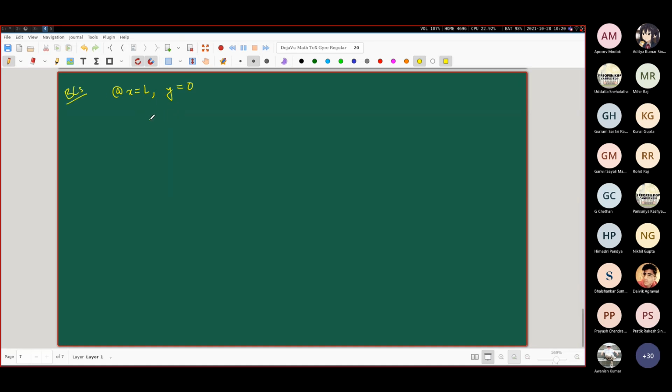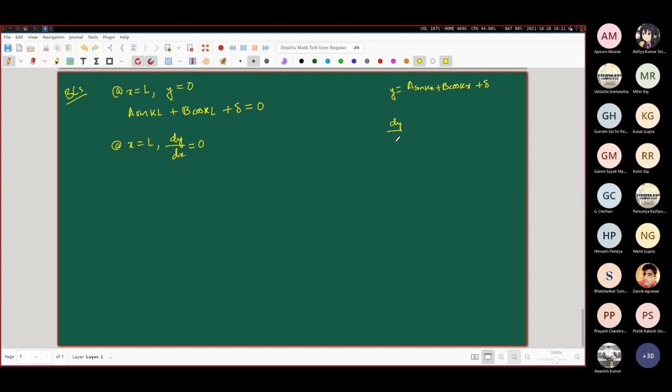If we do that, then remember our expression is y equals a sine kx plus b cos kx plus delta. If we substitute x equal to L, this becomes a sine kL plus b cos kL plus delta is equal to 0. Next, at x equal to L, we have dy dx is equal to 0.